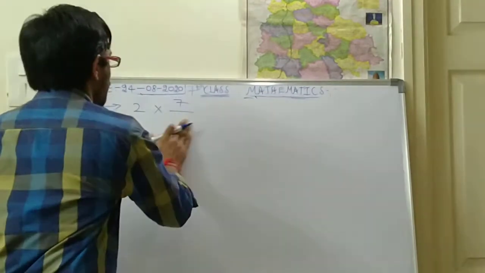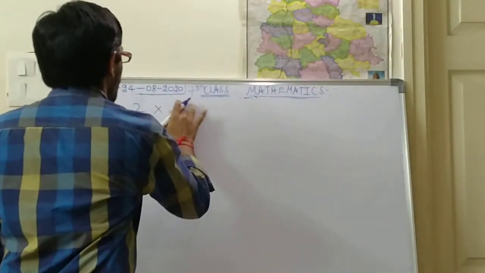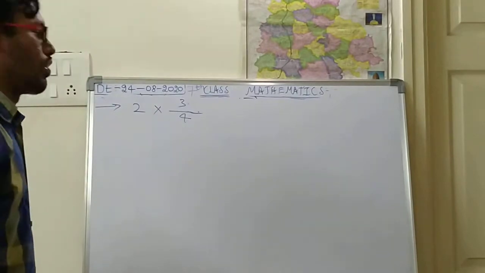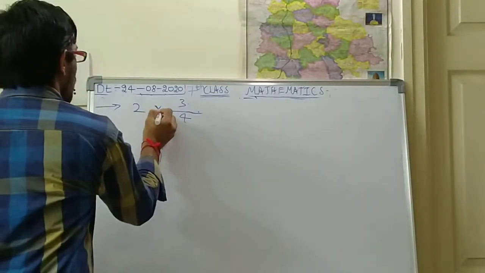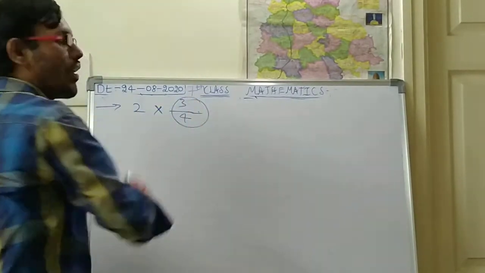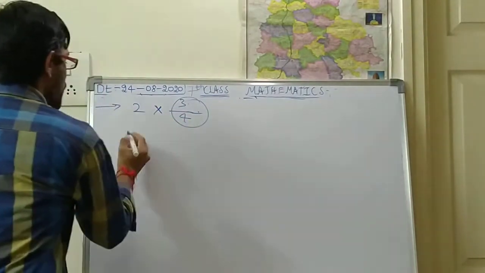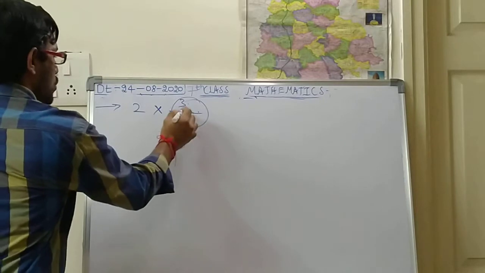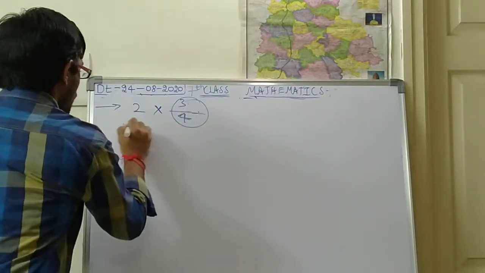Instead of 7 by 8 we can take 3 by 4. We are taking 2 into 3 by 4. First, what is this fraction, 3 by 4? 3 by 4 means how many? In one circle, 3 by 4. In one square.